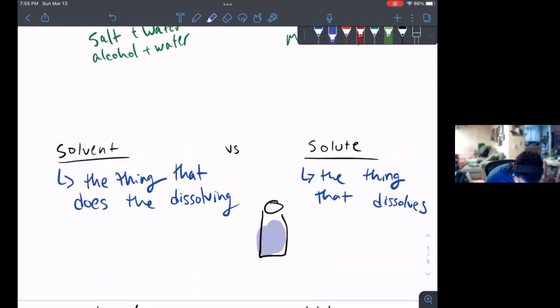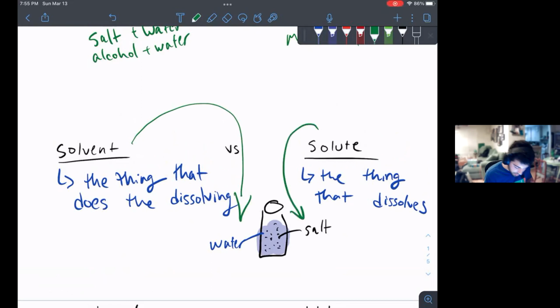I'm going to fill this with water, and then put some salt in there. So we have salt and we have water. Now, water is going to be our solvent and salt is going to be our solute. So whatever does the dissolving is our solvent, and whatever is dissolved is our solute.